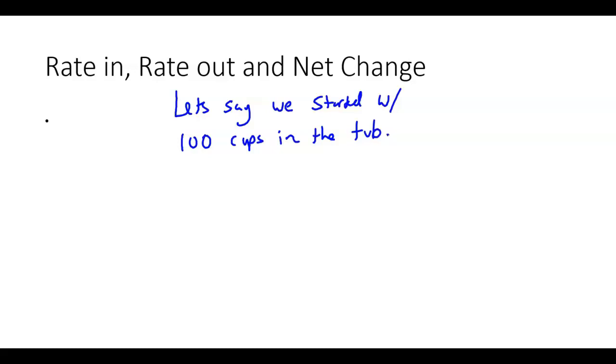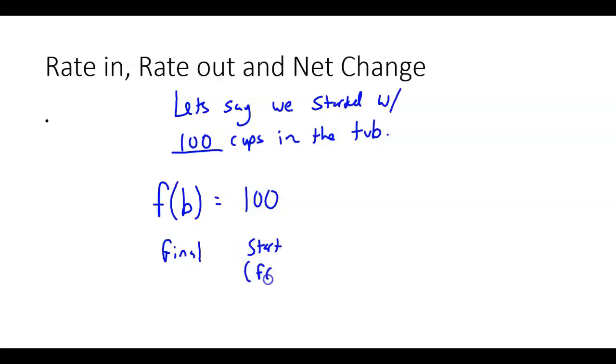Well, I can find my final amount, which I'll call F of B. That's my final amount, which is equal to my starting amount, which earlier we called F of A, and I can add to it the net change, how much overall the amount of water changed over time.